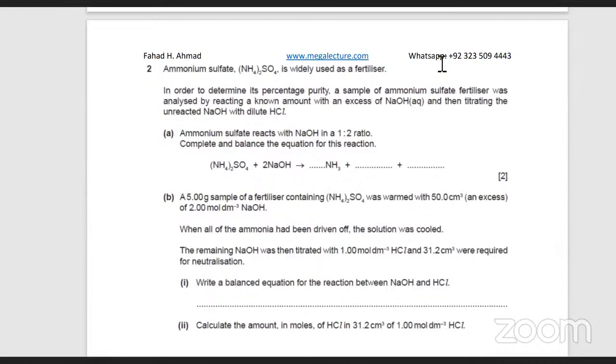We'll just do a couple of titration questions. You might get big questions. In Paper 3, it is going to come anyway.